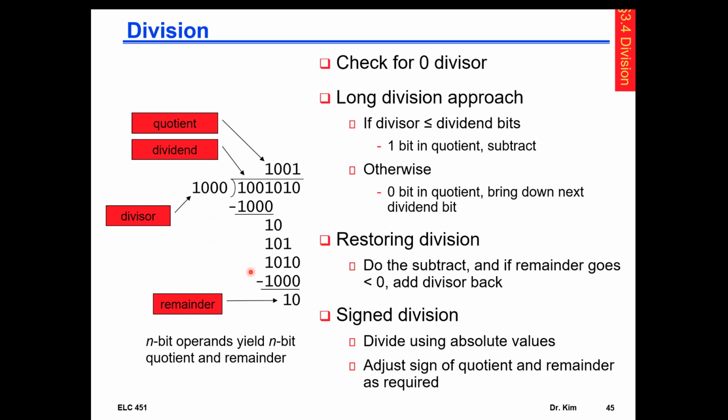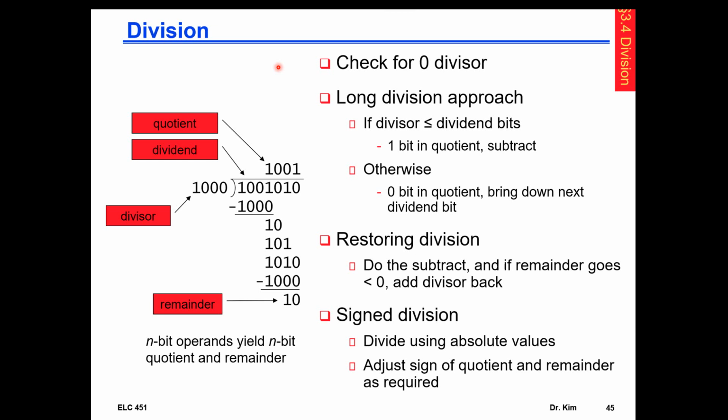And another part of the division is that we're going to have a remainder. Okay? So, of course, the first thing is to check that we're not dividing by 0.